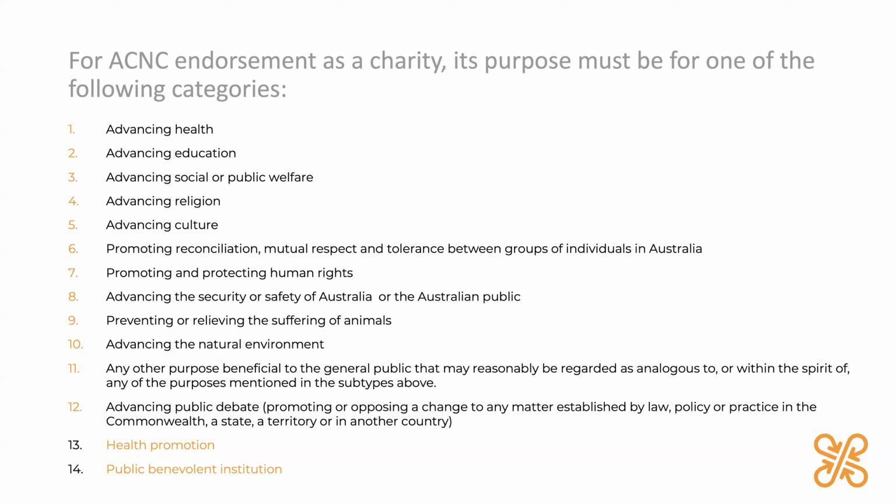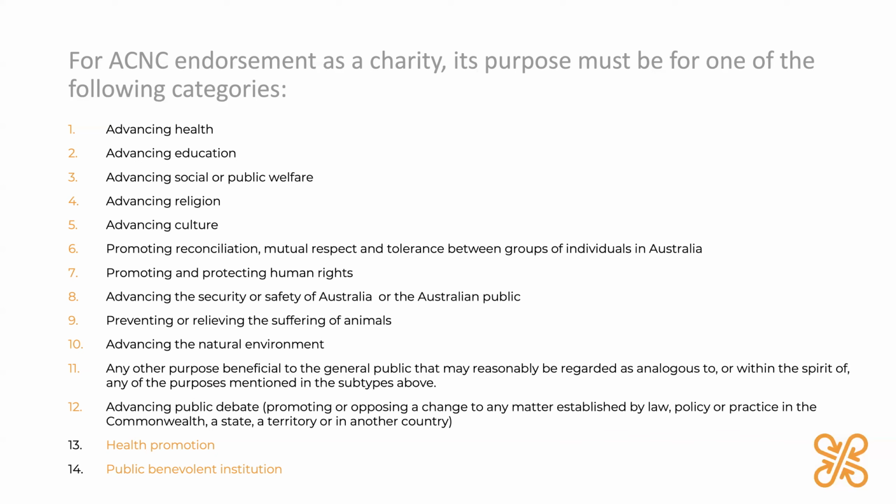They're looking for your organisation in its purpose to fit into one of 14 possible categories. The last two at the bottom, 13 and 14, are probably a higher level of charity purpose than the first 12. And they are particular definitions for those. And they also bring with them perhaps more tax concessions and such.